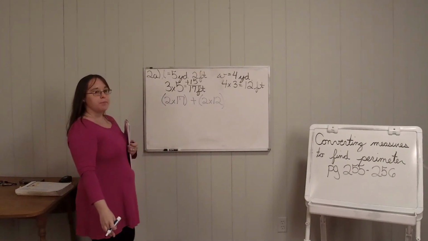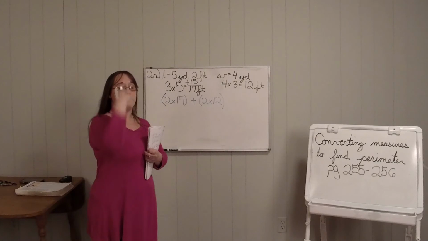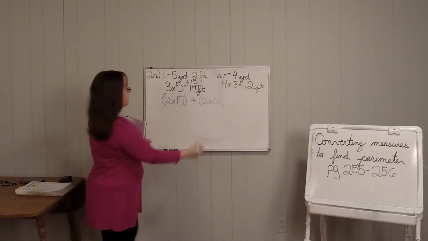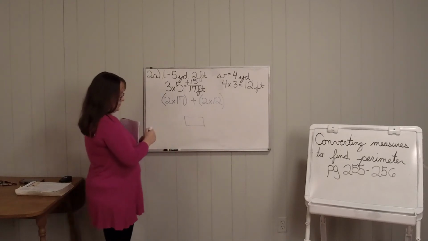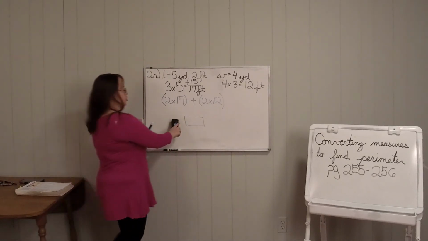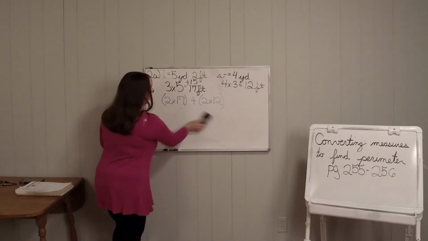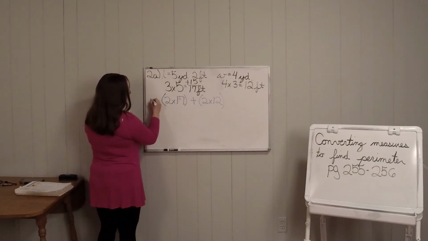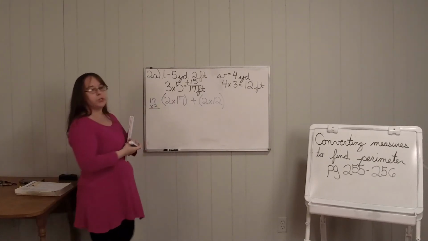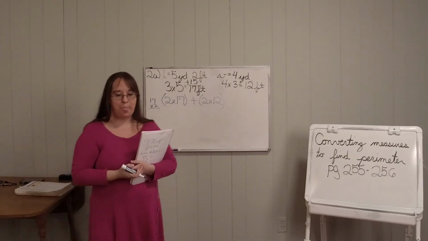Remember, a rectangle has two parallel sides. First it's these two sides, and then it's these two. That's why it's 2 and 2. You're multiplying by 2. So think about what's 2 times 17 right now. And then what is 12 times 2? Think about those right now.